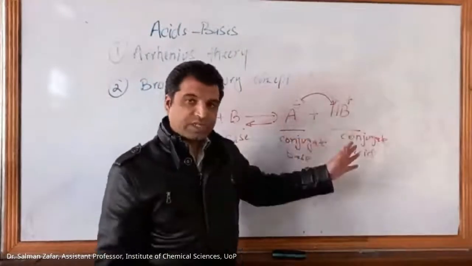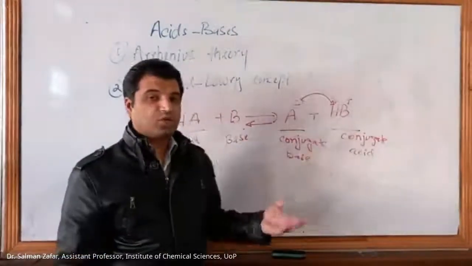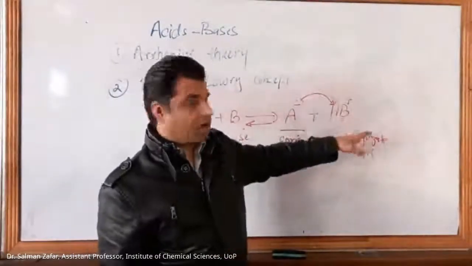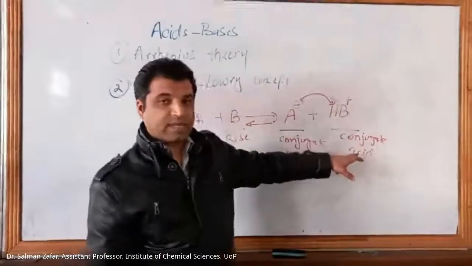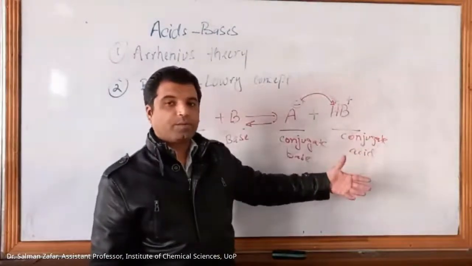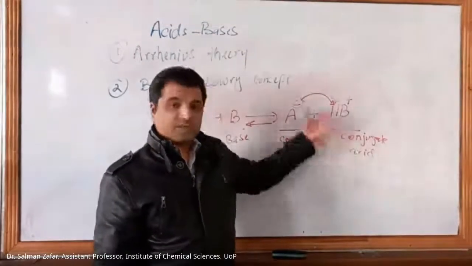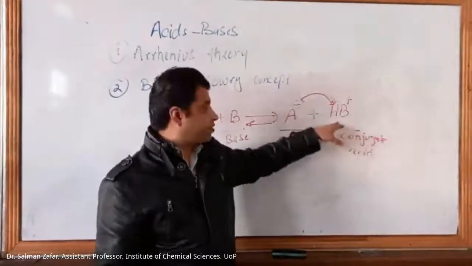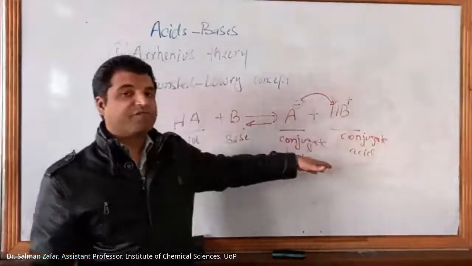So if it is happy to accept it, it will be reluctant to give it back. It will give it back because it's an ion, and you know that this acid has a property of donating a proton or a hydrogen ion, but it will be reluctant to give it back. So if it is reluctant, it will stay here for some time. That is why we say it's a weak acid.